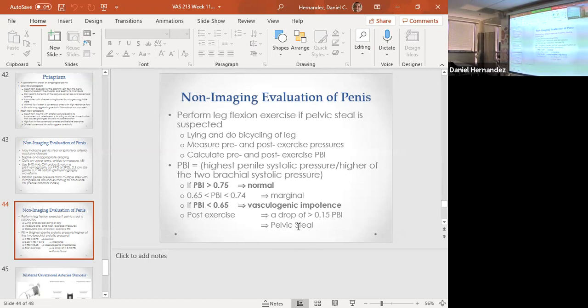Blood flow is being siphoned away from the penis and brought to the extremities due to insufficiency in those muscles in the extremities. So we can diagnose a pelvic steal.